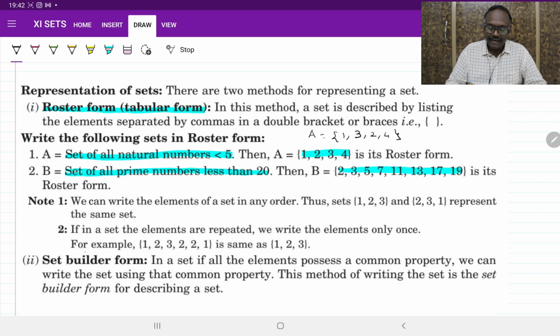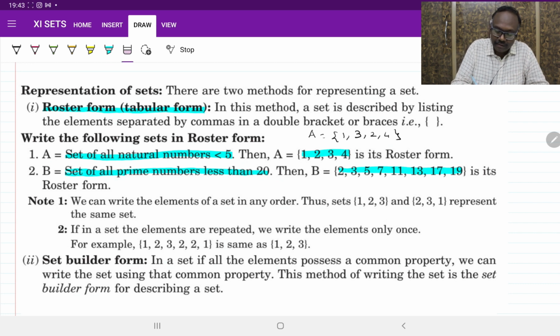Next, in the second point, we see that if any set contains elements with repetition, it is the same as writing the elements without repetition. That is, we write only the distinct objects. So 1, 2, 3, 2, 2, 1 is written as only 1, 2 and 3.